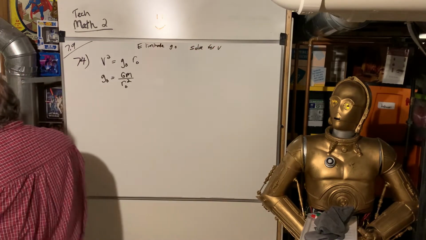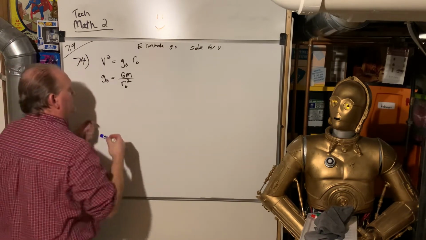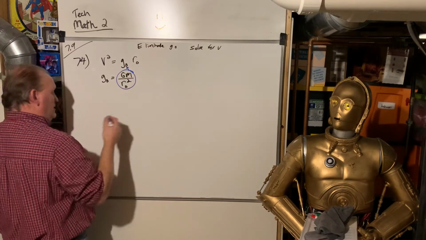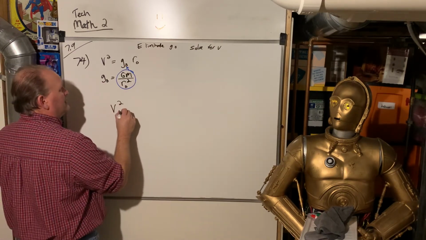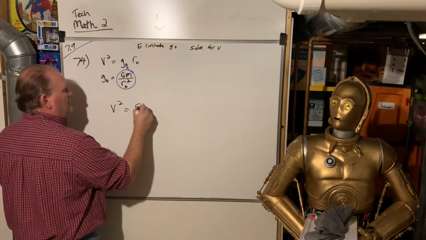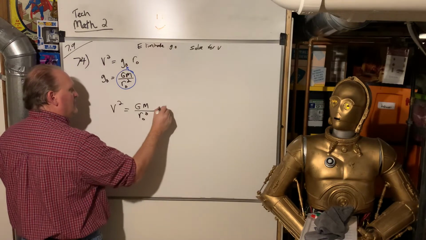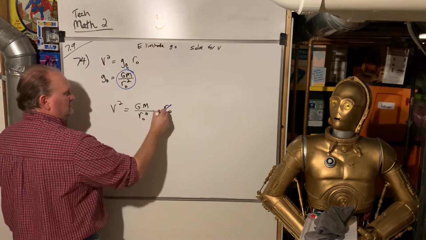Okay, so they have G naught already solved for us. So we're going to take this and cram it in there. And actually, that's going to work out nicely for us here. We have G M over R naught squared times R naught. So look, one of these R naughts is going to cancel.